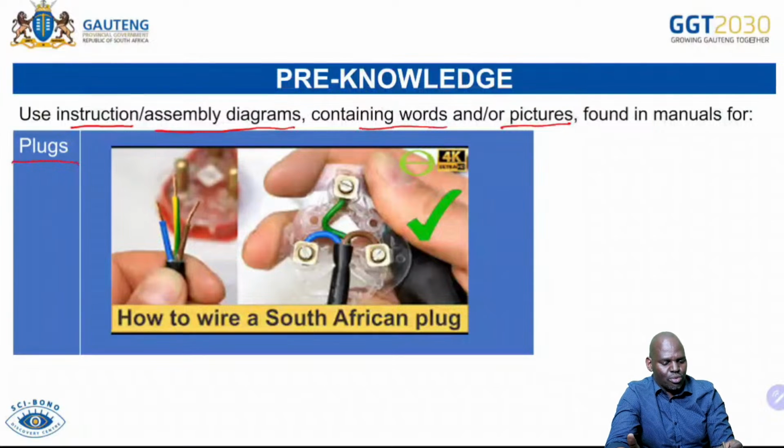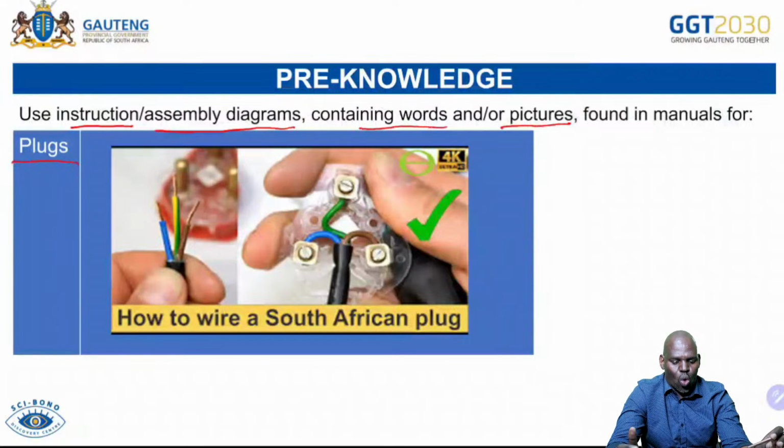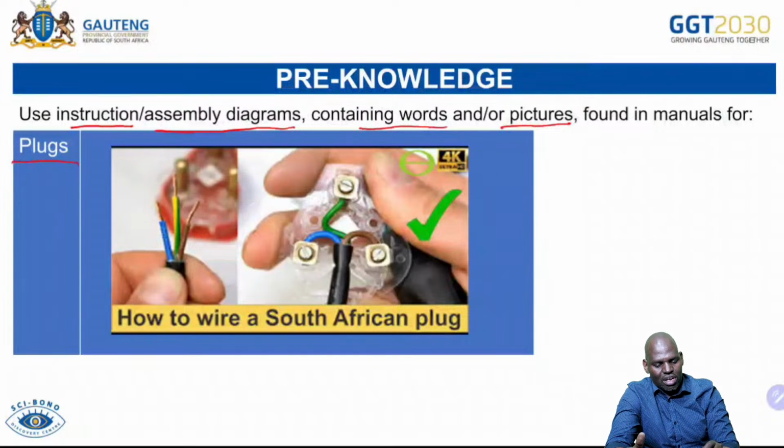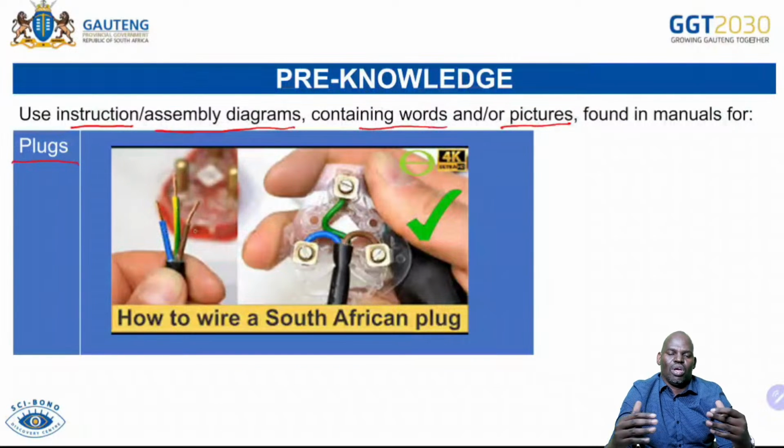I don't know how many of you know how to wire a plug. In this case, if you've got a plug and three wires, you've got the blue one, the yellow one, and also a brown one. If you've got a manual, it will clearly indicate which color must go where. You can see that you've got three screws there, so you know which one must go where.